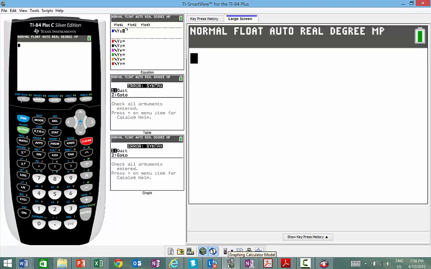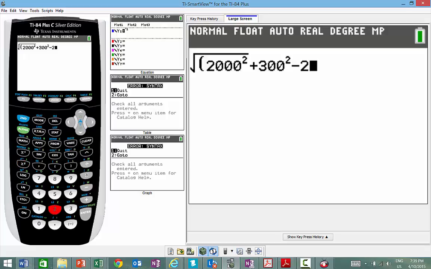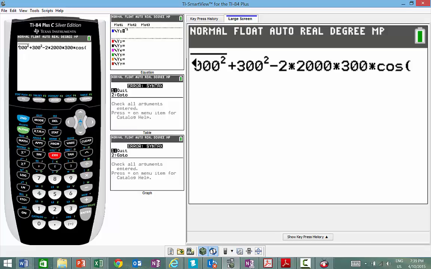So let's go to the calculator. Probably important to put a bracket there. So 2,000 squared plus 300 squared. Take 2 times 2,000 times 300 times cosine of 45.